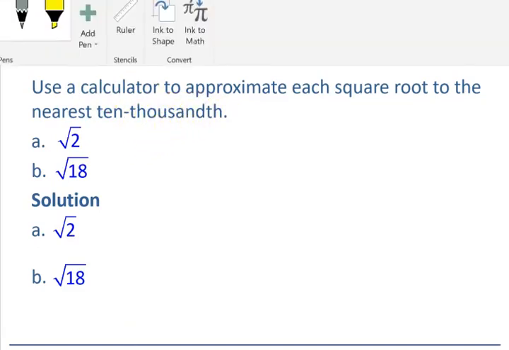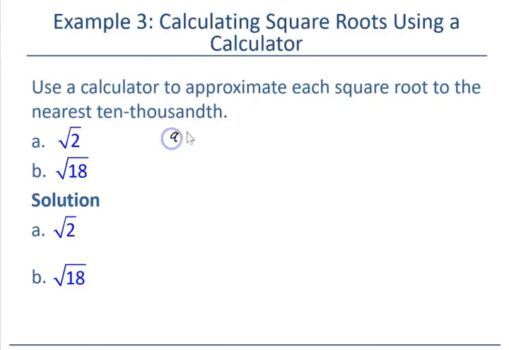So for A, that's the square root of 2, which is 1.4142. There's tens, hundreds, thousands, 10,000ths. The next number would be a 1, so this is as far as we need to go on this one. But this number keeps going. That's why you could never just really figure one of these out.